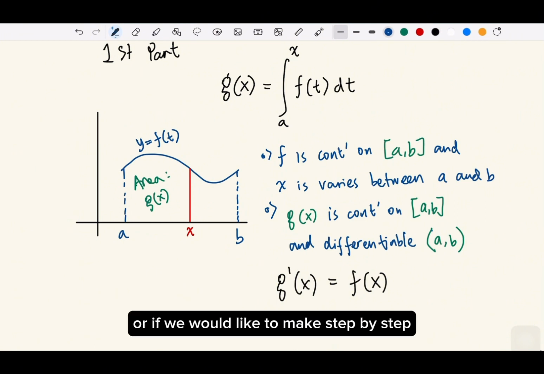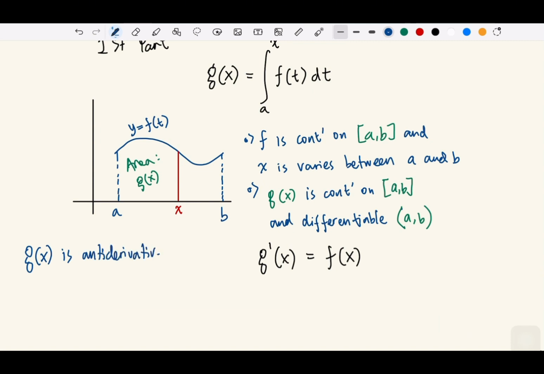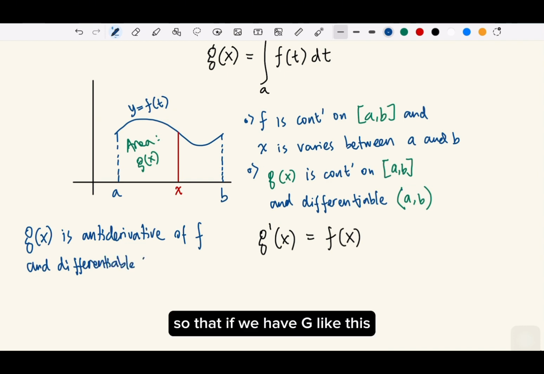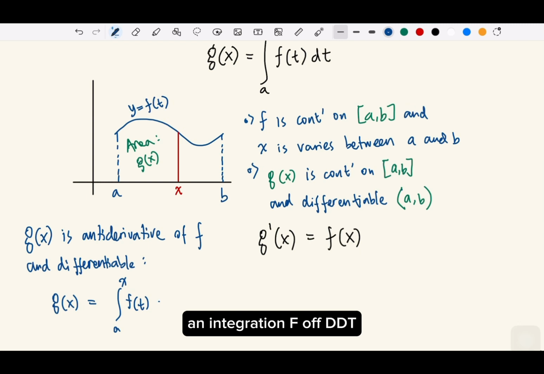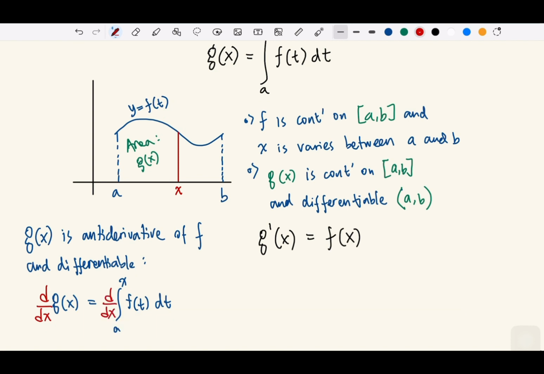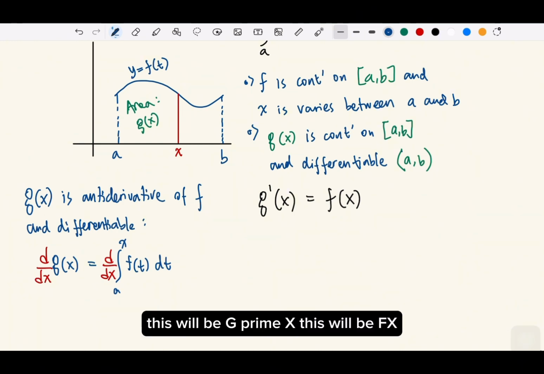Or if we would like to make it step by step, we can say that g of x is an antiderivative of f and differentiable, so that if we have g like this, an integration of f of t dt, we can take both of them, derive each one of them, this will be g prime x, this will be f of x.